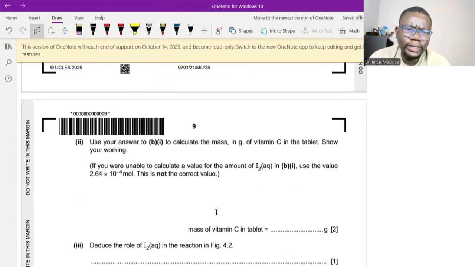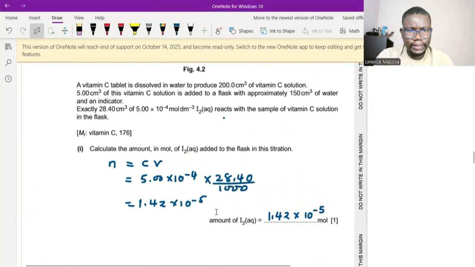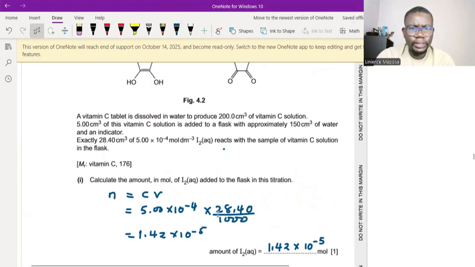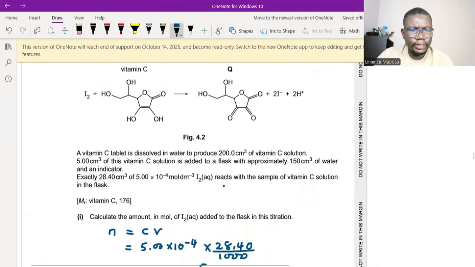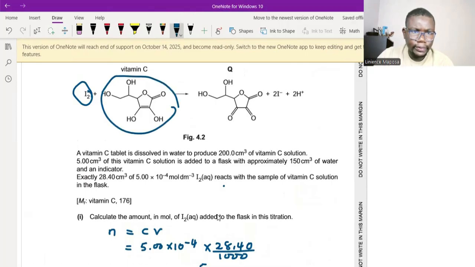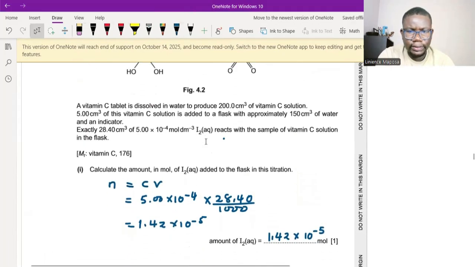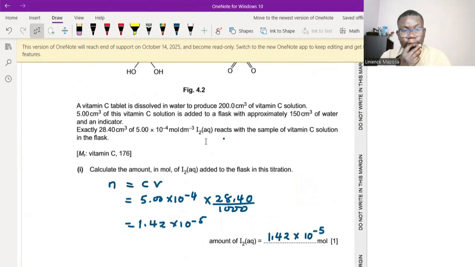So we now want what? Use your answer to calculate the mass in grams of vitamin C in the tablet. So in the 200 cm3, you understand? The stoichiometry of the equation is that 1 mole of iodine reacts with 1 mole of vitamin C. So if I reacted 1.42 times 10 to the minus 5 moles of iodine, that would mean that in the 150 cm3 solution there was the same number of moles.